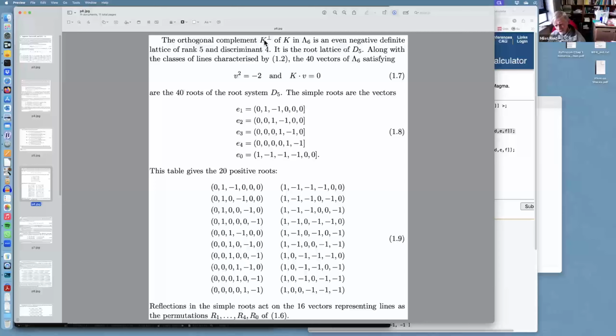Right, when I take the orthogonal complement there, this K was positive. So when I take the orthogonal complement, I get even because K is a characteristic vector and it's negative definite. It's a lattice of rank 5 and discriminant 4.